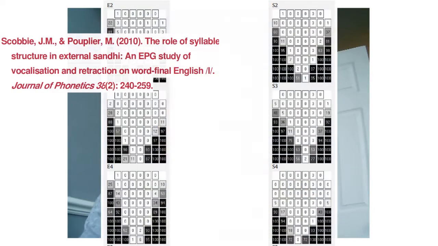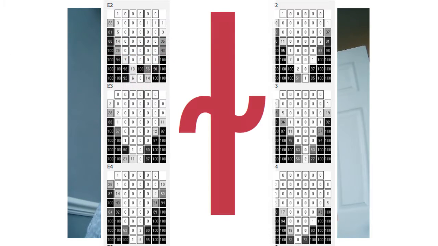In this technique, rather than dye being painted on the tongue, a contact sensor is custom molded to an informant's palate and worn like a mouth guard, which can then detect contact points where the tongue touches it. This image from Stobie and Poplier 2010 shows contact points between the sides of the tongue and back of the tongue during productions of velarized L in English.